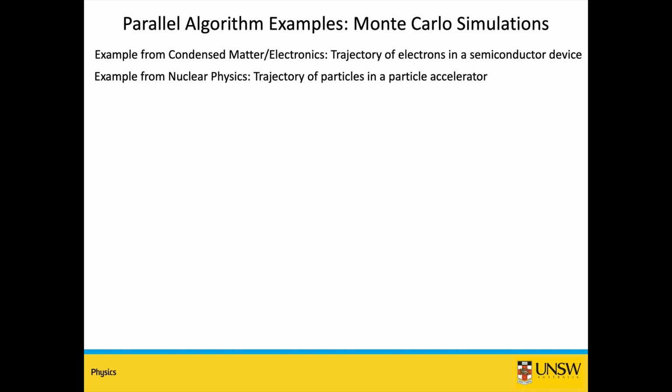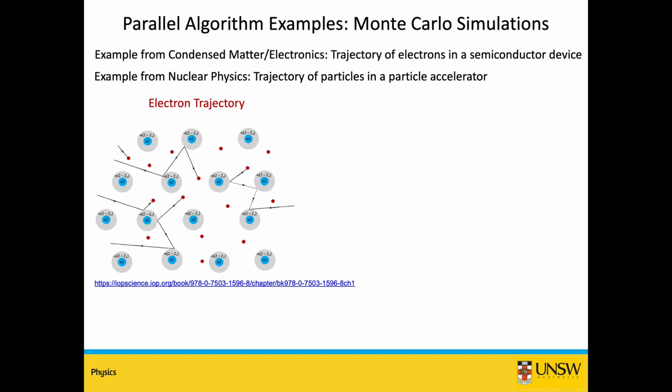And this is just one example of a Monte Carlo simulation. You can have many other examples. Another example is from nuclear physics, when you have a particle of high energy accelerating in a particle accelerator, colliding with the walls of the accelerator and also with other fundamental particles. You can also model that as a Monte Carlo problem.